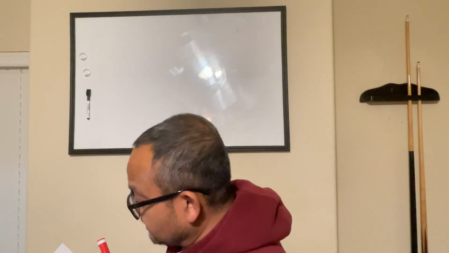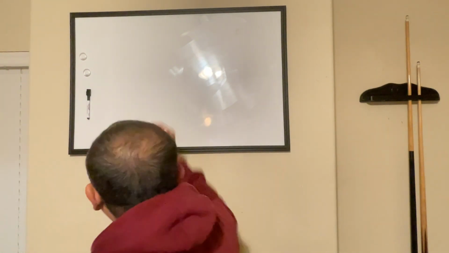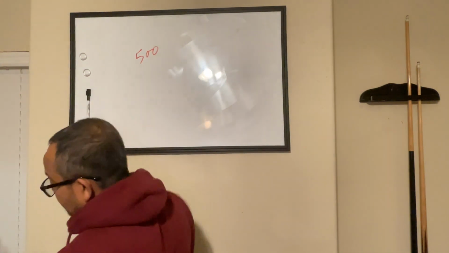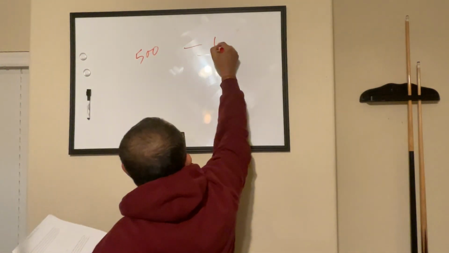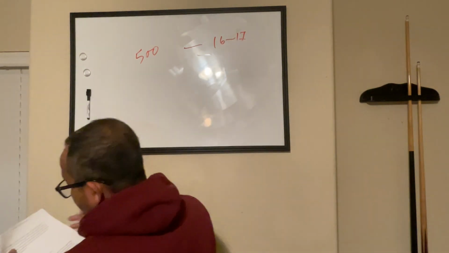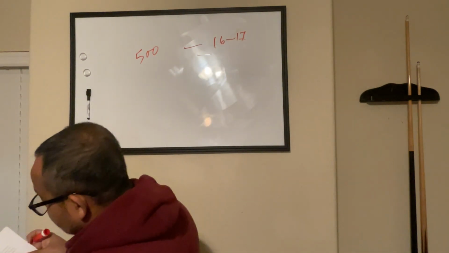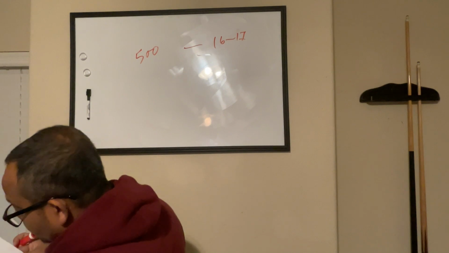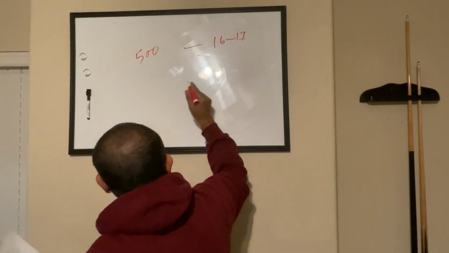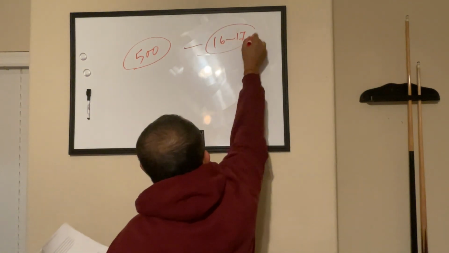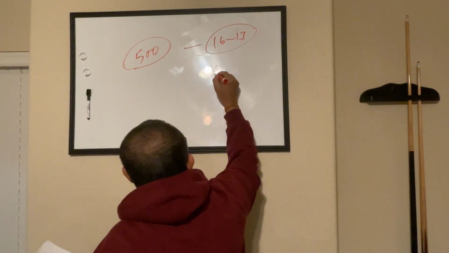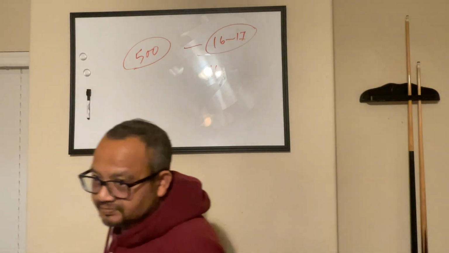A youth activist group surveyed a random sample of 500 teenagers, so I'll just say 500 teenagers, between the ages of 16 and 17, in the US, to assess their opinions about lowering the voting age. So this whole thing is about surveying this many people in this range to know if the voting age can be brought down to 16.